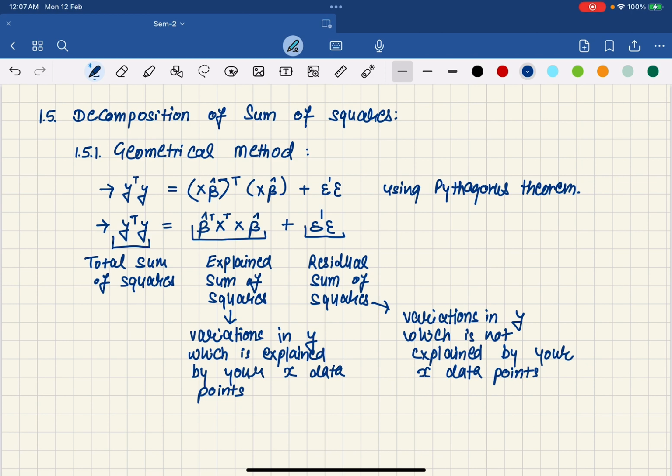Okay, so this is the first method of looking at the decomposition of sum of squares.